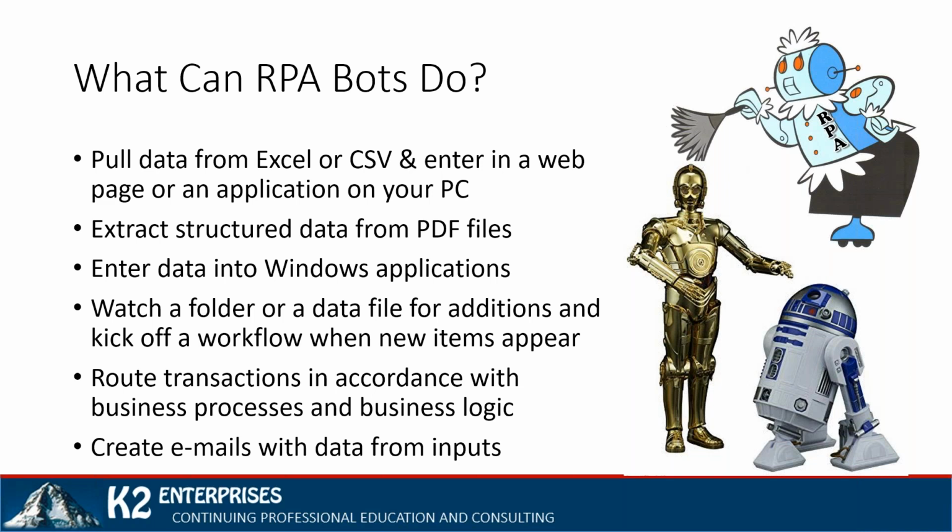So maybe when we have an email come into accounts payable at AccountantsWorld.com, we can automatically route that to the proper person that needs to receive it after the data has been extracted, and then they can decide what they want to do with it. Finally, we can create emails and other outputs with data from the inputs that come in. So we have a lot of different things in here that can be done with it.